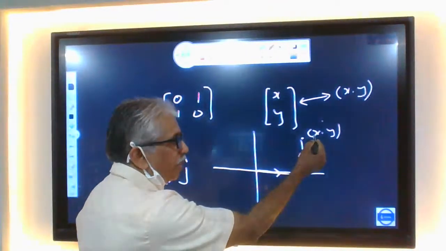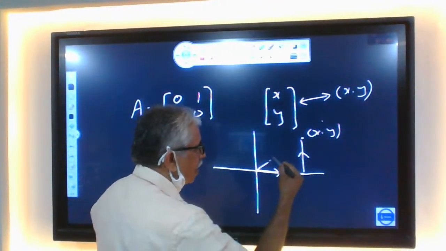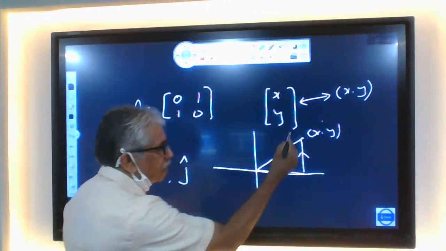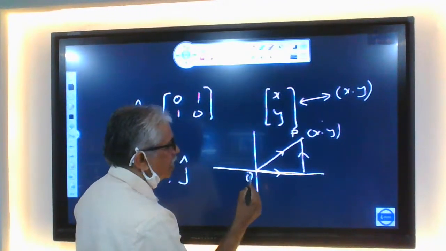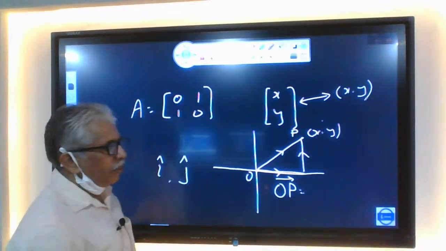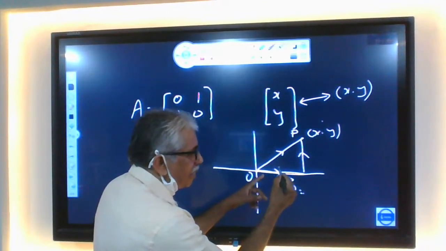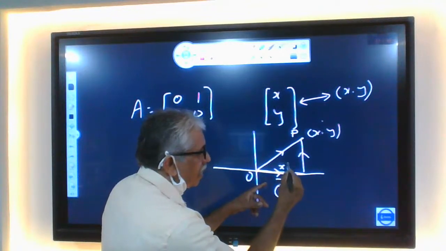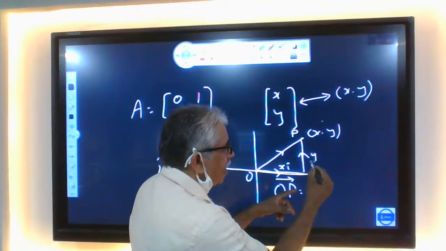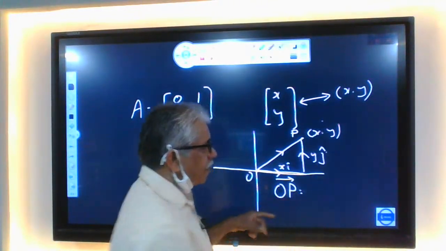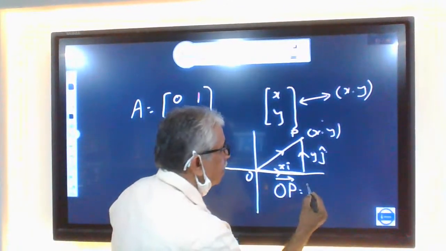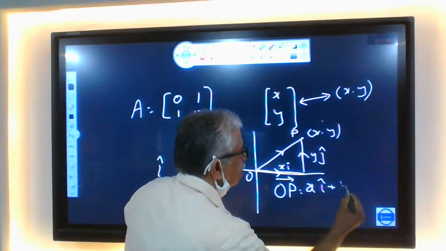If you want to get the point xy, if this point is P and the origin is O, how will you write the vector OP? This length will be x, so this vector will be xi. And the other length will be y, so the corresponding vector will be yj. Using the vector addition rule, vector OP will be xi plus yj.